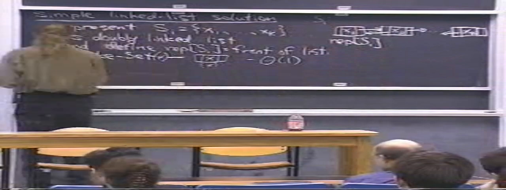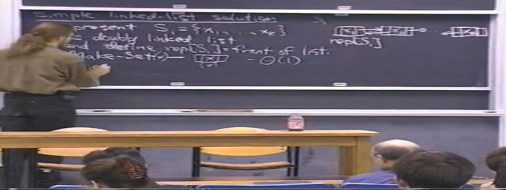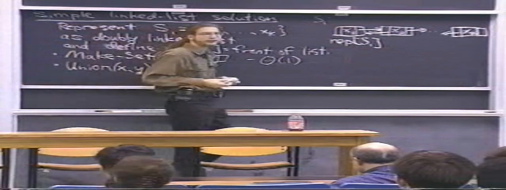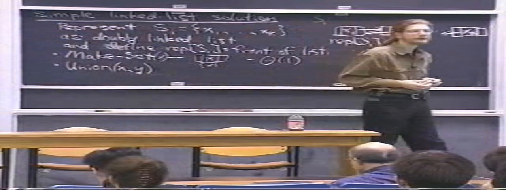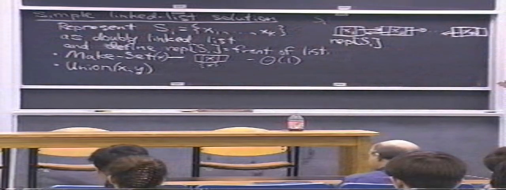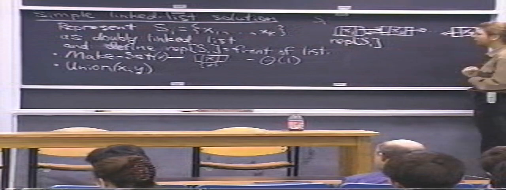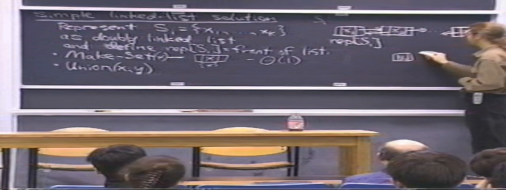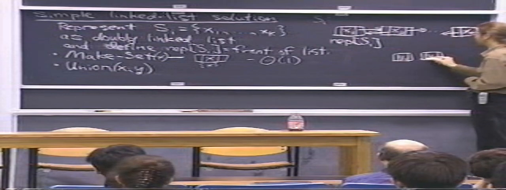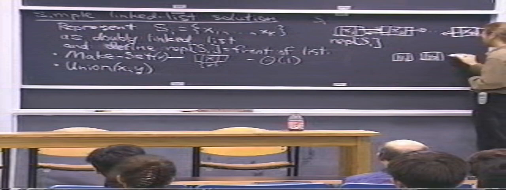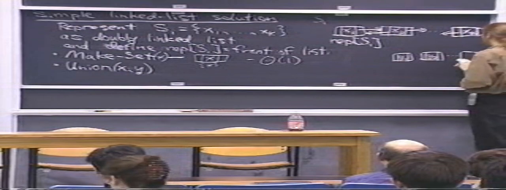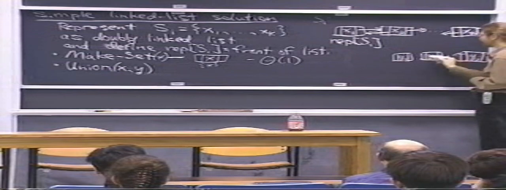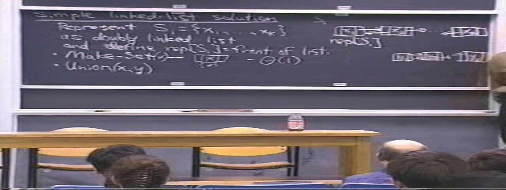Okay, what about union? How quickly could I do a union? So I'll start drawing the picture. I have some set with a bunch of elements, and I have another set. Now I want to union them.